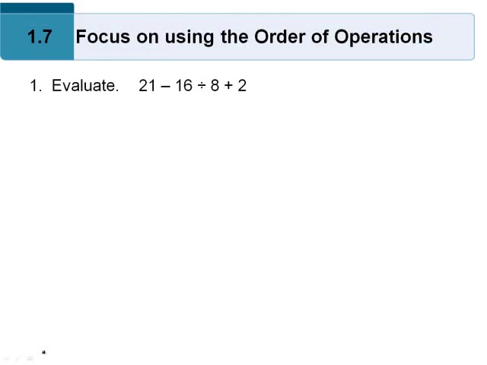So here we have 21 minus 16 divided by 8 plus 2. So when you think about this, the first thing you would look for would be grouping symbols. Well, there aren't any. Okay? Step 2 of your order of operations is exponents, and there are no exponents. So we skip down to step 3, multiplying and dividing. Well, there is a division sign, so we're going to do the division.